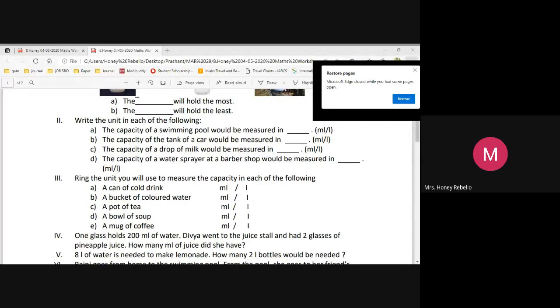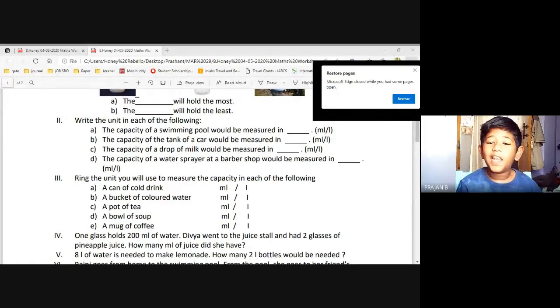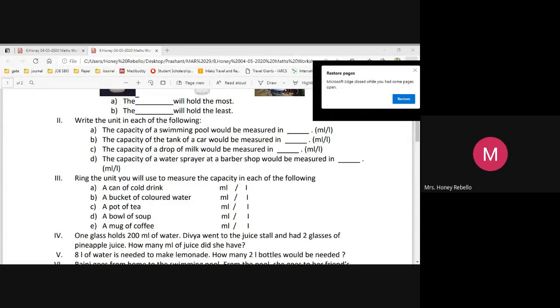Rajan, I haven't completed the question. Capacity means the water inside the pool. Listen carefully, everybody. Will you measure with milliliters or liters? Milliliters. Okay, leave it.